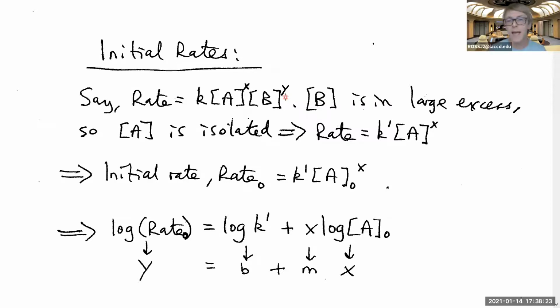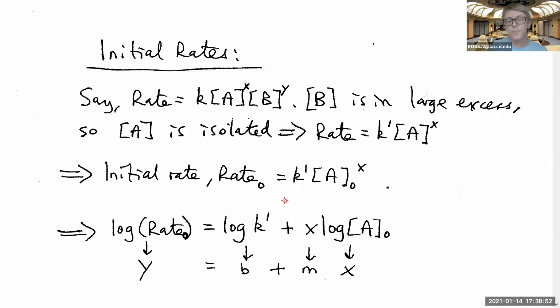So we've isolated a, we've made it pseudo x order in a. Then the initial rate, where the 0 means time equals 0, is going to be the rate constant k prime and the concentration A at time 0, but still to order x.